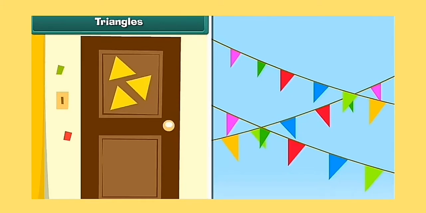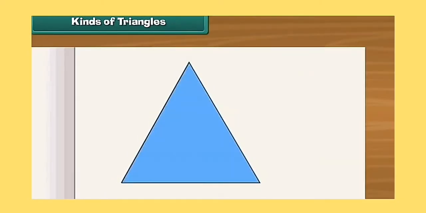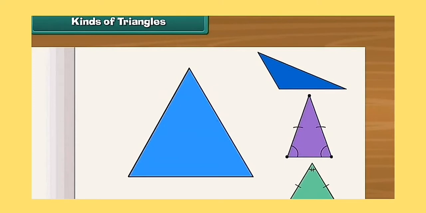Again, triangles are classified into three different types depending on their sides. So the first one is the scalene triangle. Then we have the isosceles triangle and the equilateral triangle.